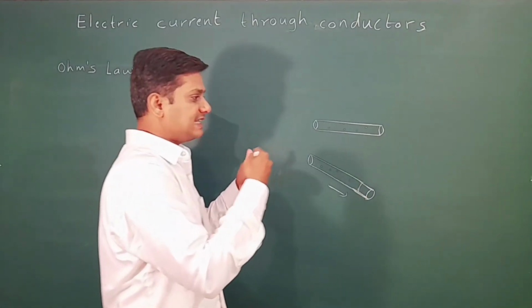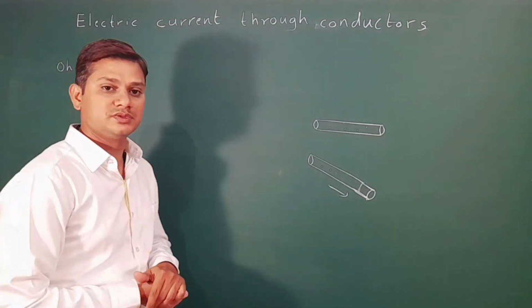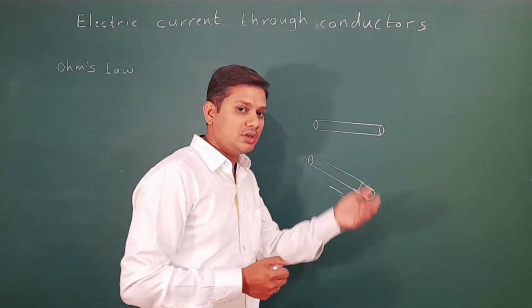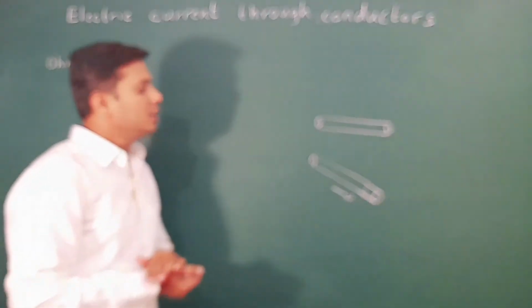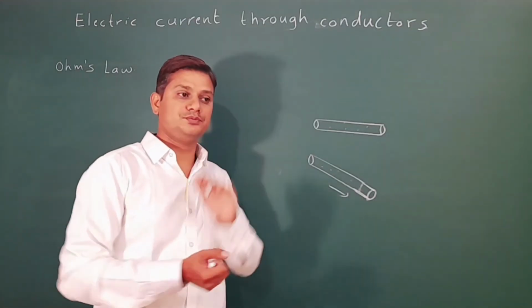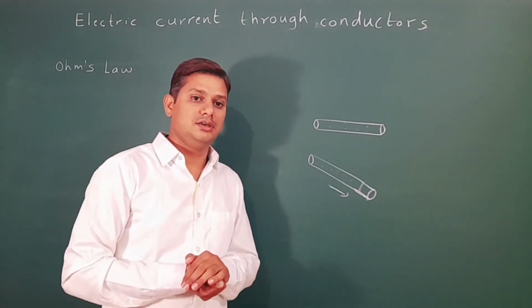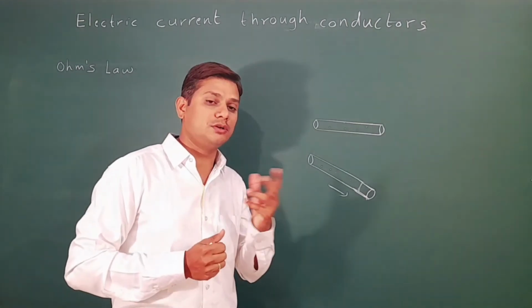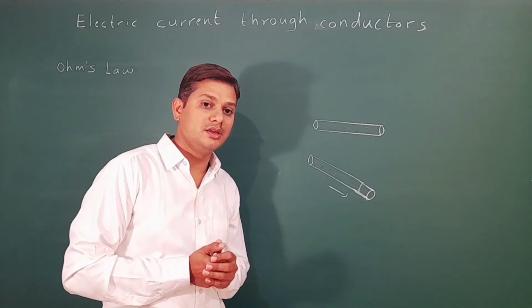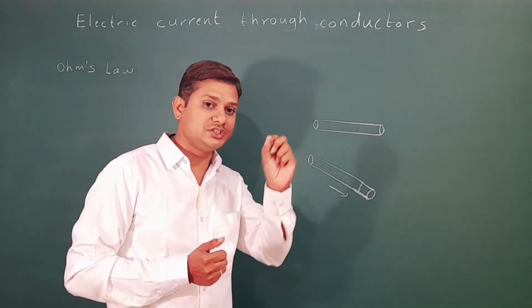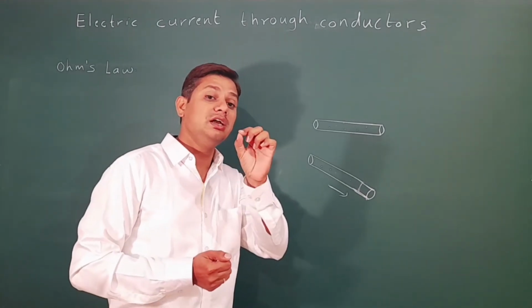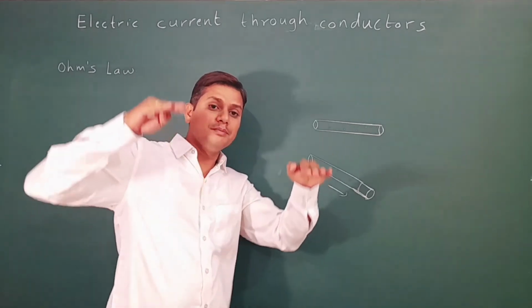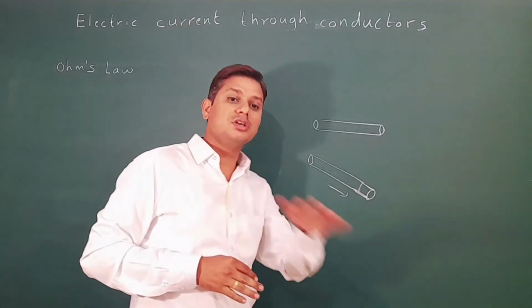So compare this example with the current. Compare water with current. To make the current flow, we need a difference, an imbalance. Difference in what? Yes, difference in potential. That is called potential difference. And the more the difference in potential, the more the current.